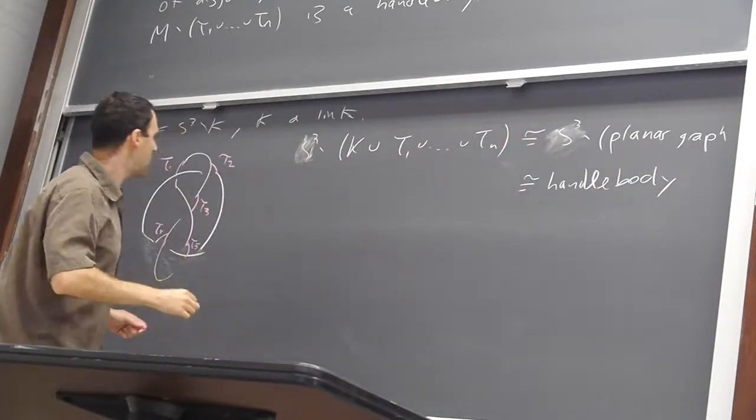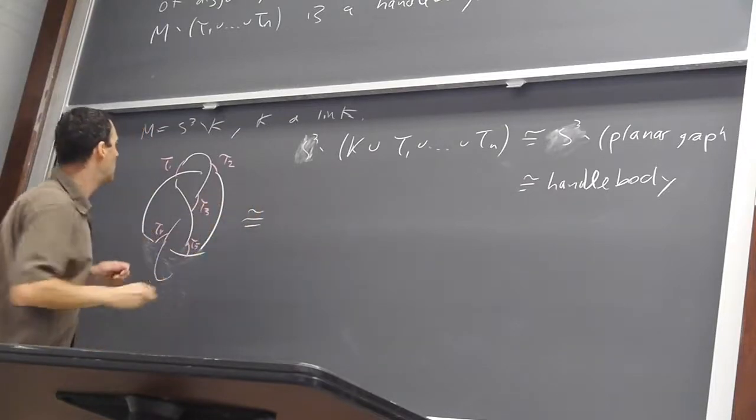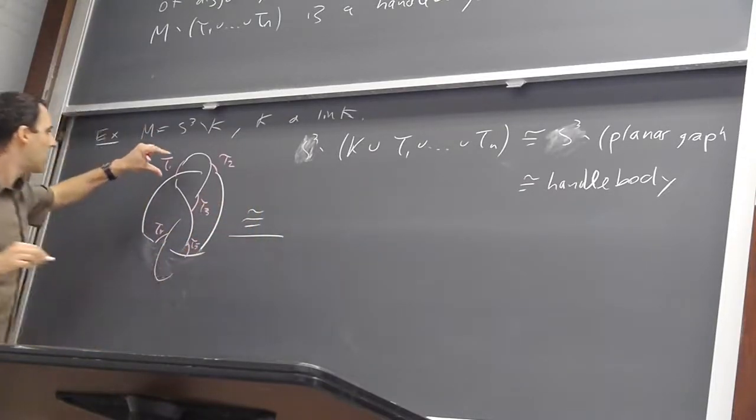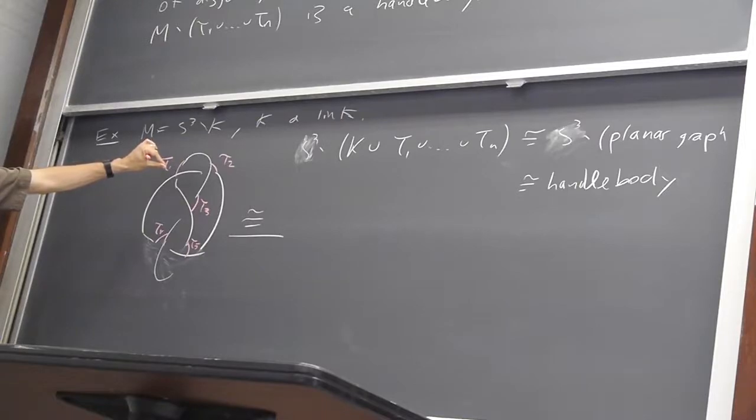And the way that you see that is you just take every arc and collapse it down to a point. That doesn't change the complement.